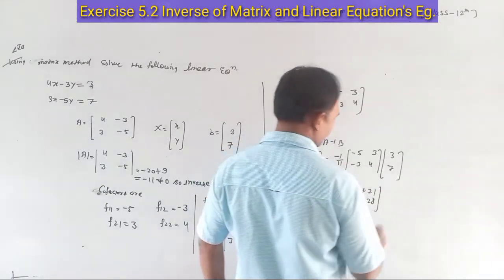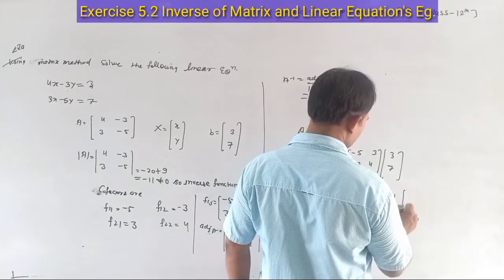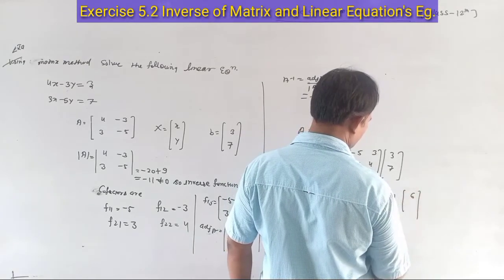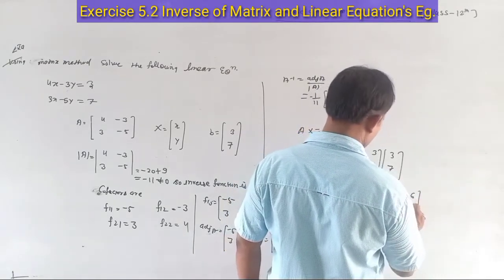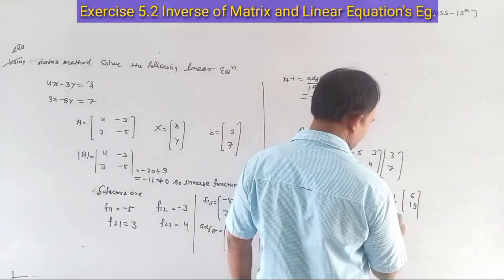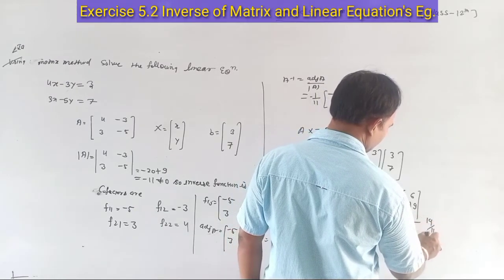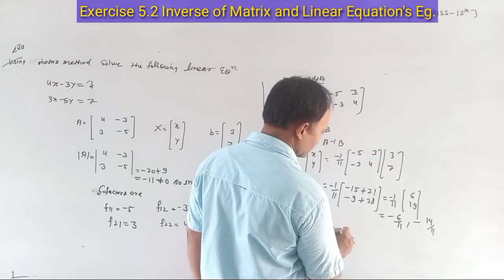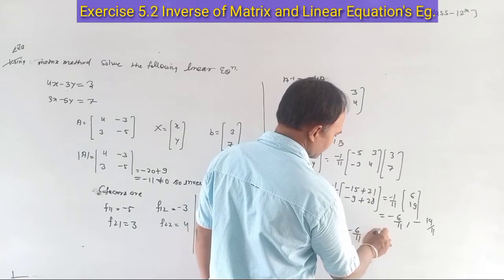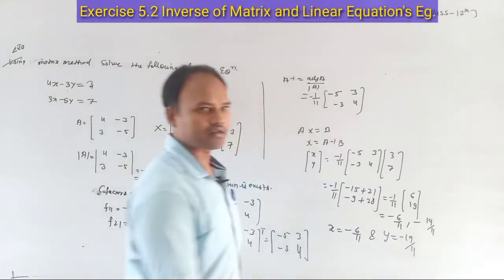So it is minus 1 by 11 times 6 and 19. Okay, so it is minus 6 by 11 and minus 19 by 11, students. So the value of x is minus 6 by 11 and the value of y is equal to minus 19 by 11. So students, this is your answer.